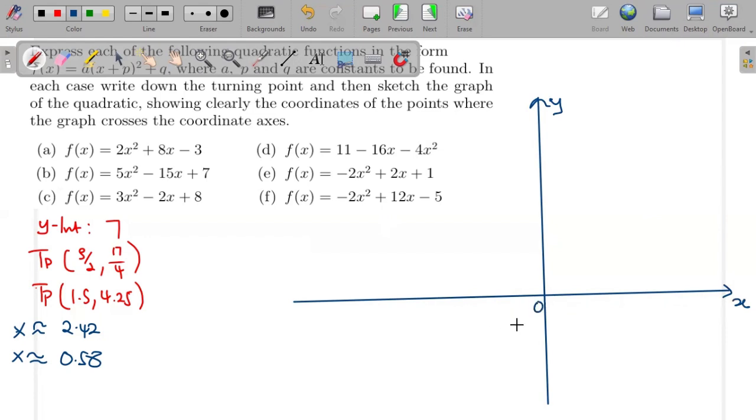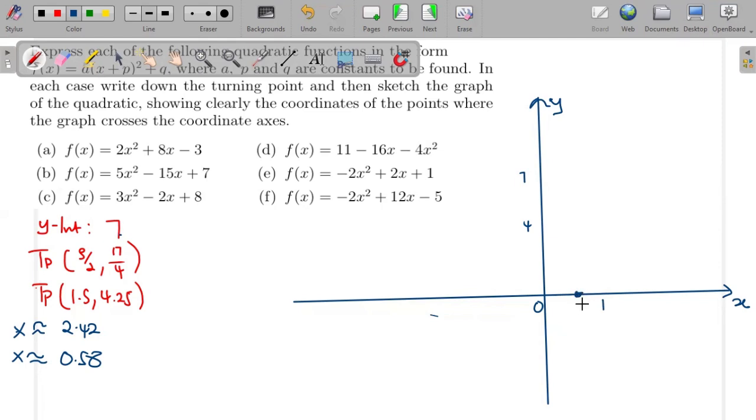What numbers can I see? In my y, I can see 7. I can see 17 over 4, which is 4.25. Here I'll just say 4 is somewhere there, and then I have 7 somewhere there. And then in my x, I have 0.58, this is my one. 0.58 should be somewhere there.